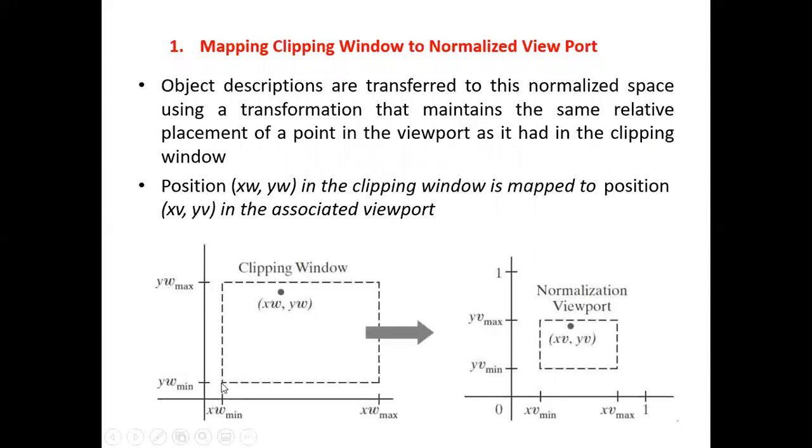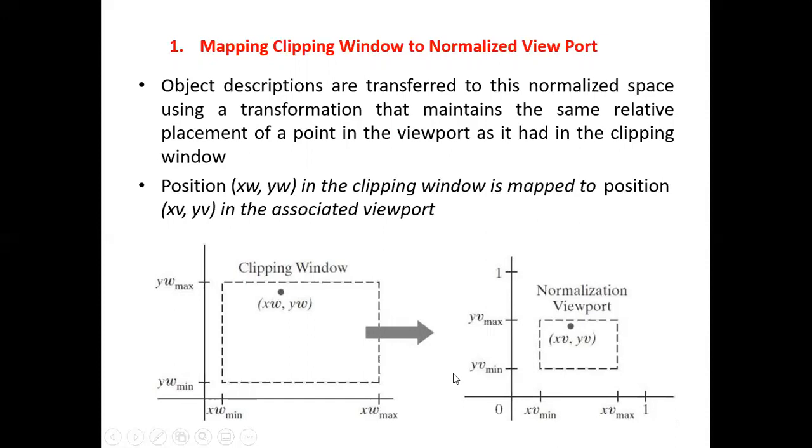So first we scale with respect to the point xw min, yw min, then we go for translation. What is scaling with respect to a fixed point? It involves inverse translation, scaling the object, and retranslation. Translation, scaling, and retranslation: that is scaling with respect to a fixed point.